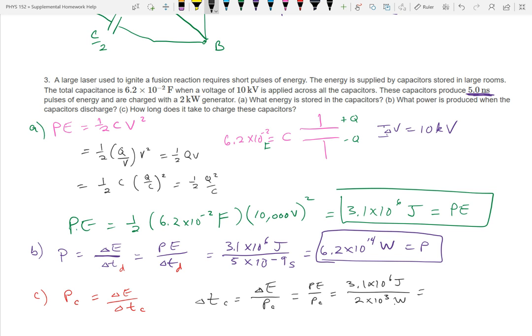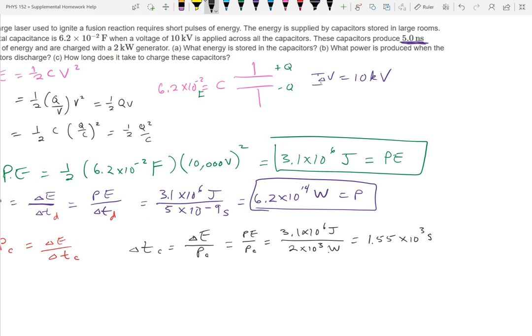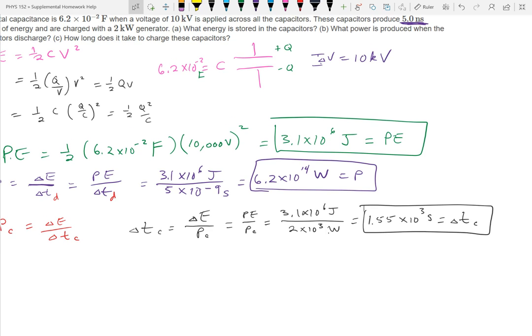3.1 divided by 2 would be 1.55. And then 6 minus 3 is 3. So it takes 1,550 seconds. Usually we want to get that into something that is going to be meaningful to us in minutes and seconds or hours, as the case may be.